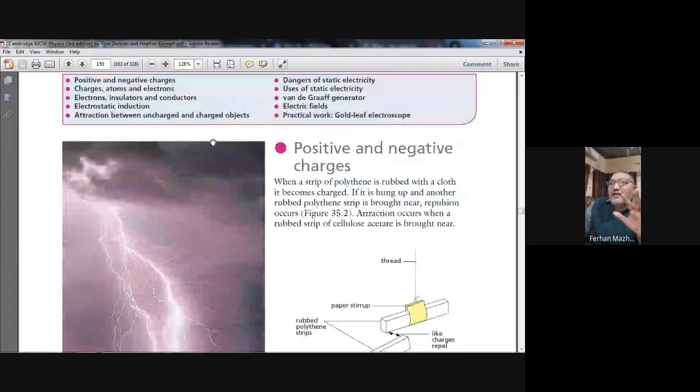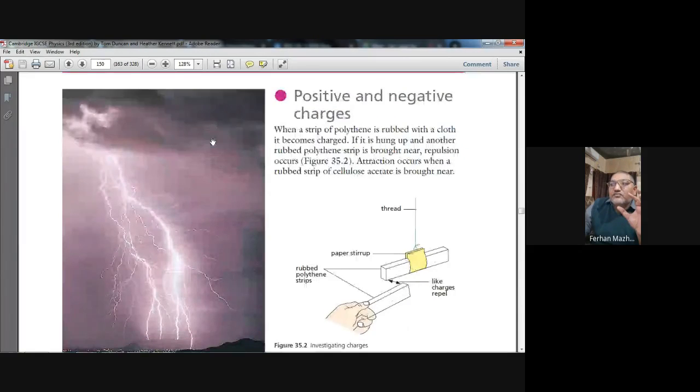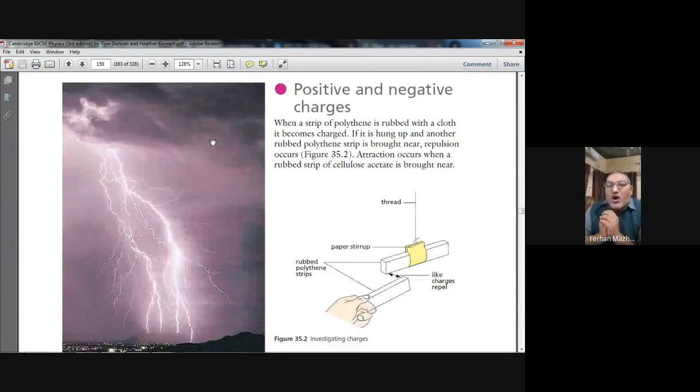First of all, suppose you have a rod made of polythene, like your scales. They are made of polythene. Rub that rod with the cloth.